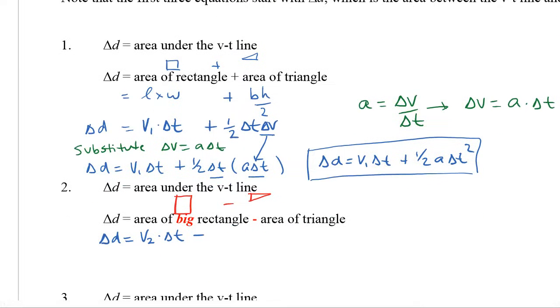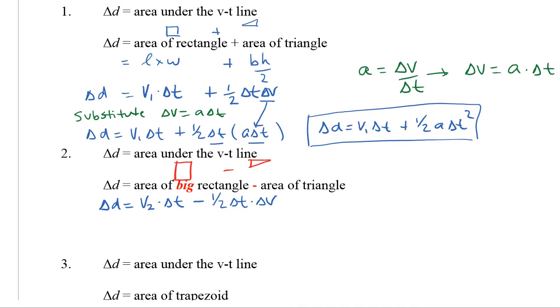So I can use that same 1/2 delta T times delta V. And again, I can do that same substitution. I won't write it all out as much. I'll write delta D is equal to V2 times delta T minus 1/2. And now I'll write delta T, and then parentheses I'll write A delta T.